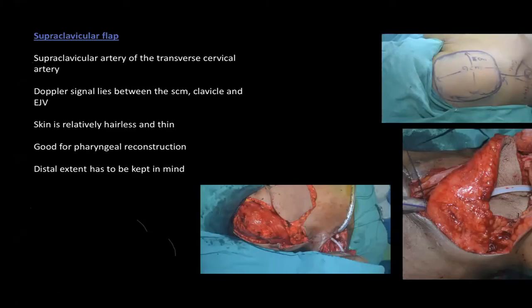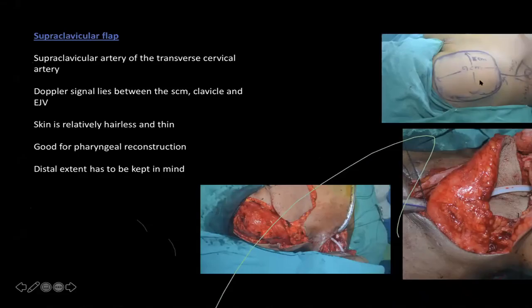So you can go up to the deltoid insertion quite reliably without having to delay this flap. The origin of the perforator is in a triangle, which is from the SCM, external jugular vein, and the clavicle. The skin is relatively hairless, can be closed primarily, and you don't have the problems of bulk that you have with the pectoralis major.